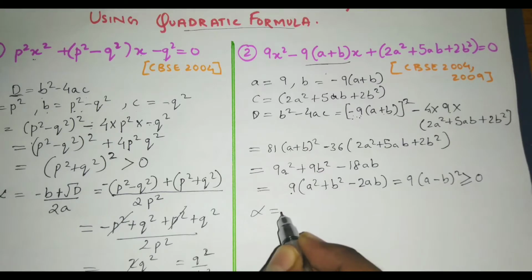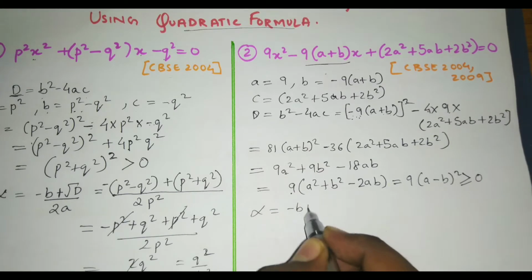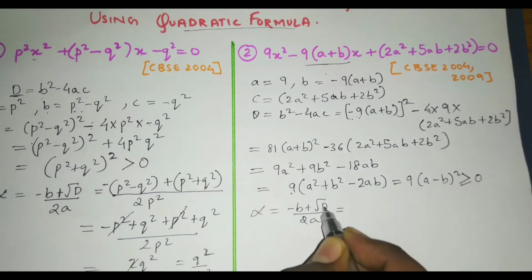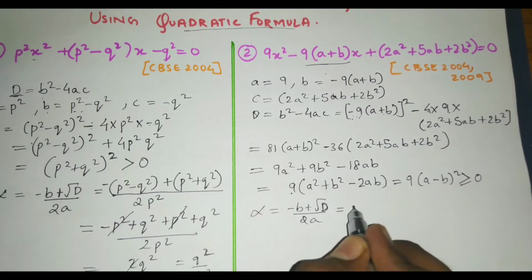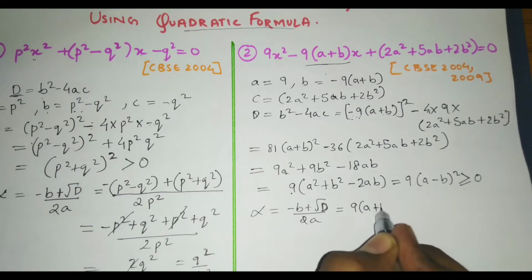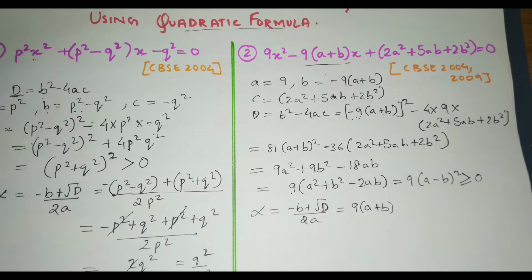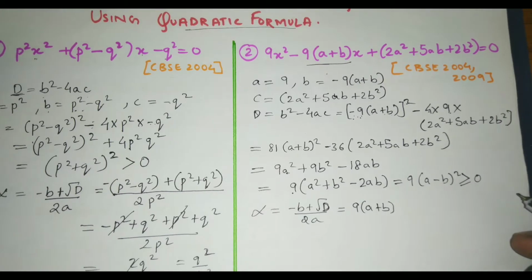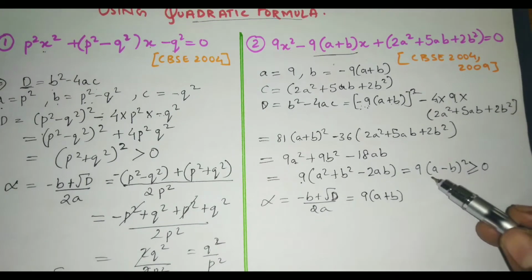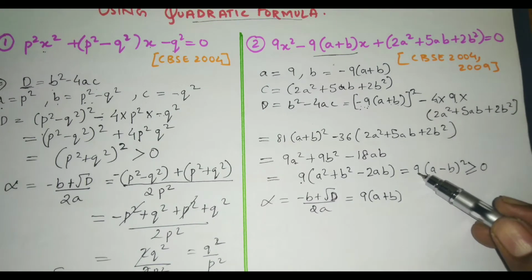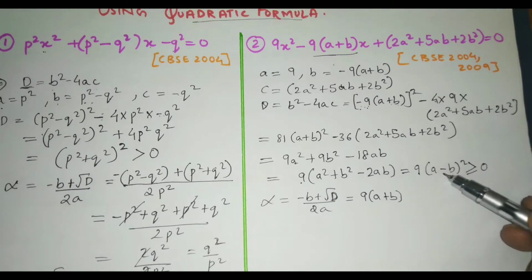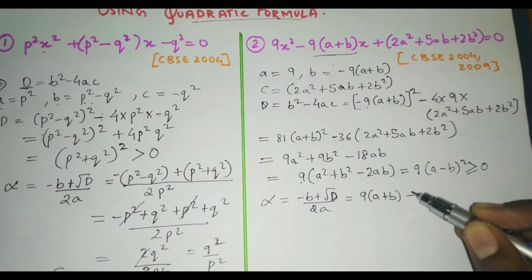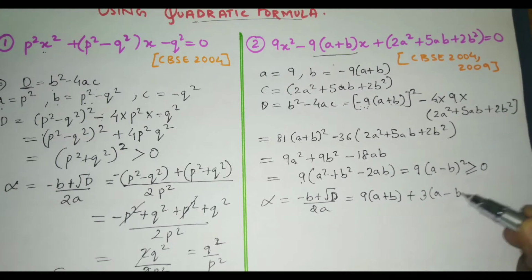To find out the roots you have to apply this formula, same thing, alpha equal to minus b plus root d by 2a. Fine. Now minus b is nothing but 9 into a plus b. Now d is there, so the square root of d: the square root of 9 will be 3, and the square root of a minus b the whole square will be a minus b, so we can write it as 3 into a minus b.